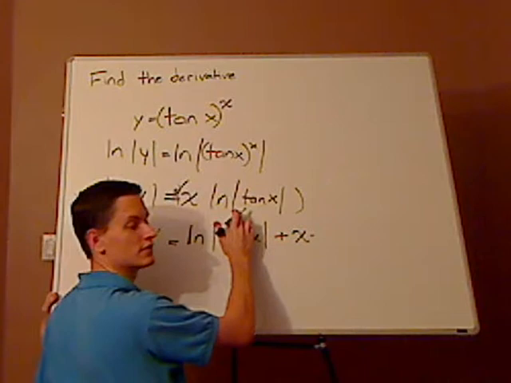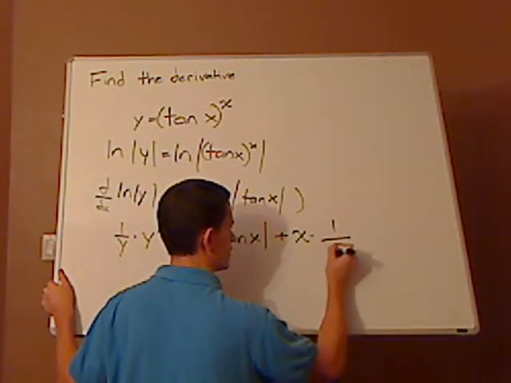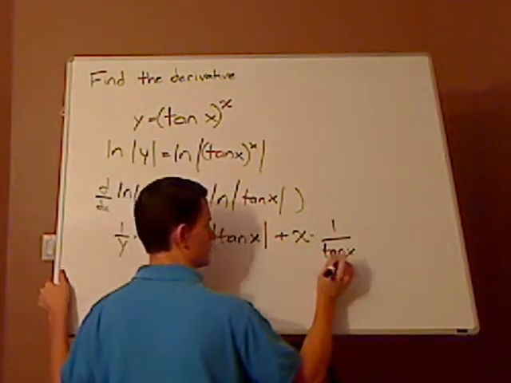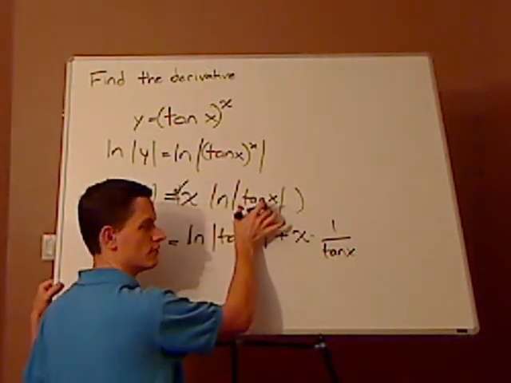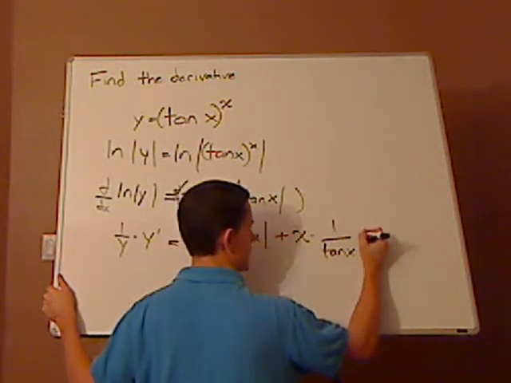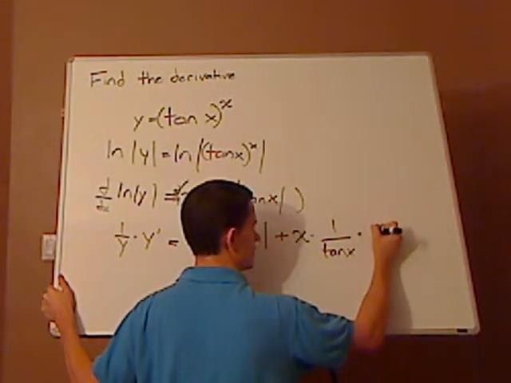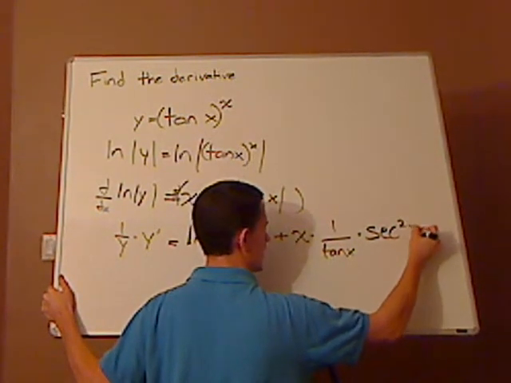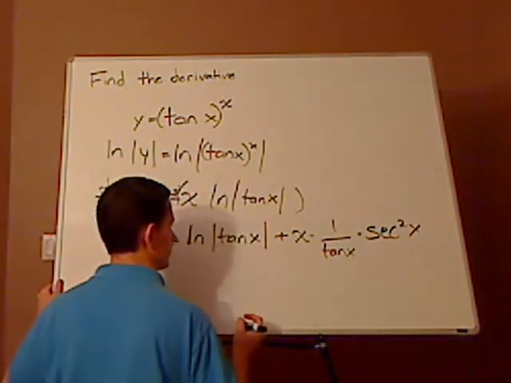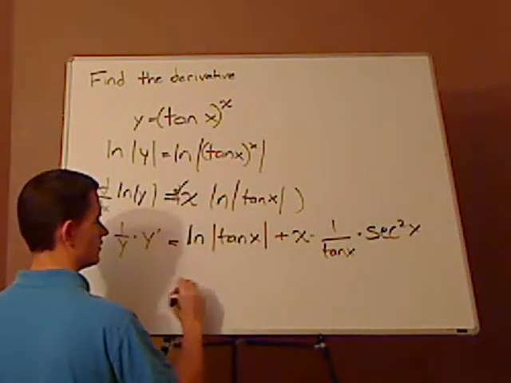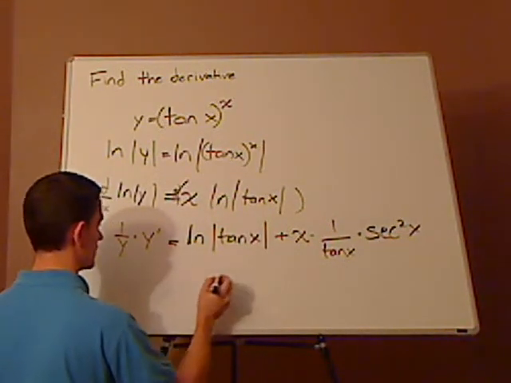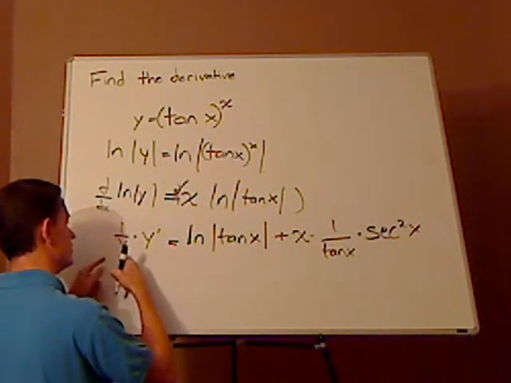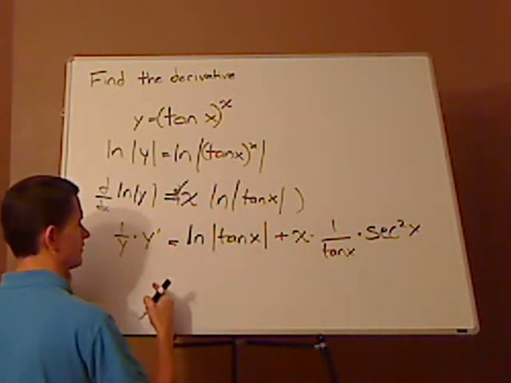The derivative of this is just 1 over tan x. But then you have to apply the chain rule, so you have to take the derivative of tan x, which, if you remember, is secant squared x. You want to rewrite this, it's a mess, and move this y to this side.